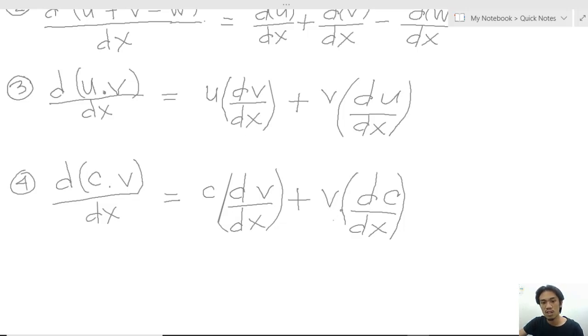Except, of course, infinity, because that is indeterminate. Infinity times 0 is indeterminate. This is equal to 0. So we are left with c times the derivative of v with respect to x.